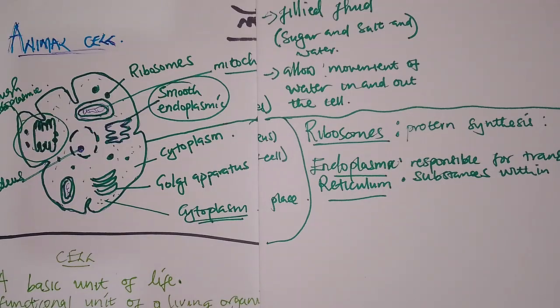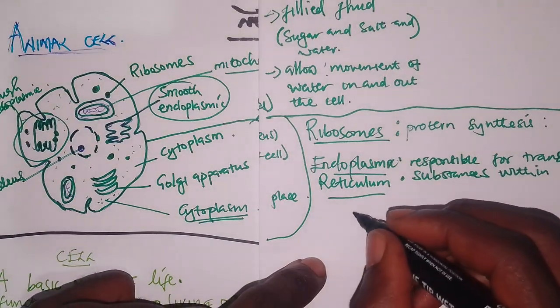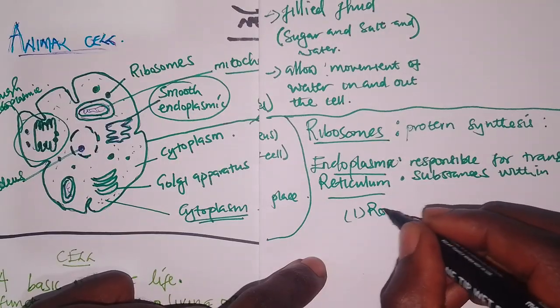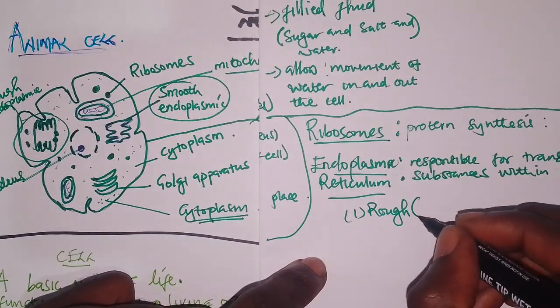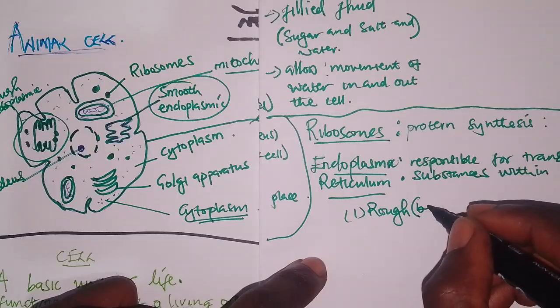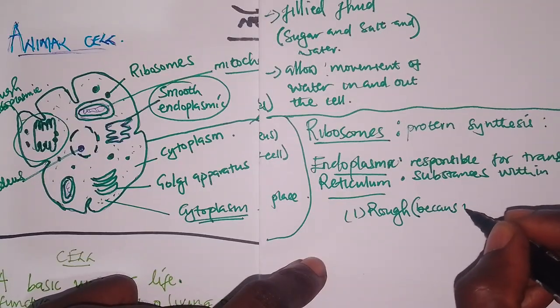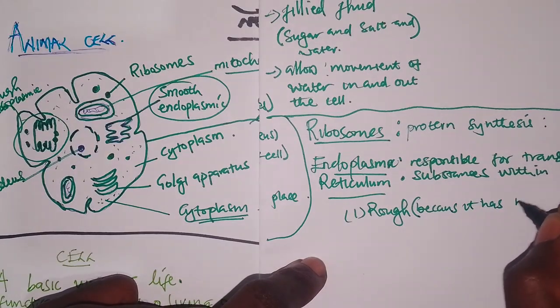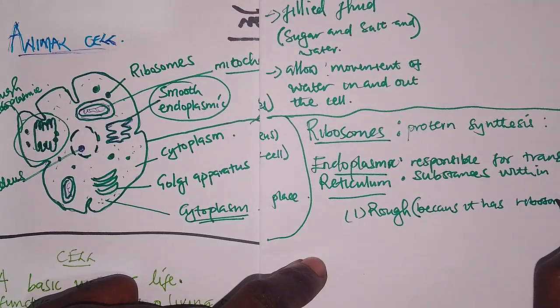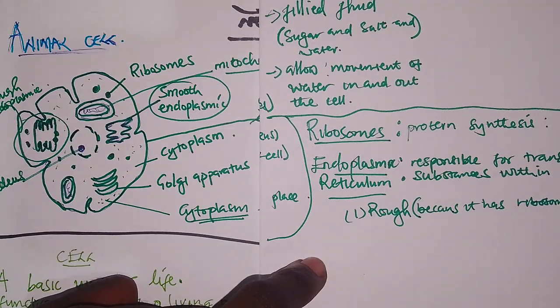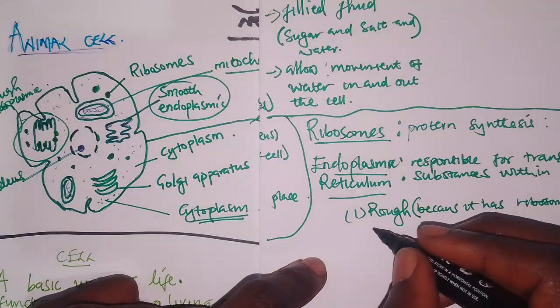So the first one I'm going to talk about is the rough. Why is it called rough? Because it has ribosomes attached to it.